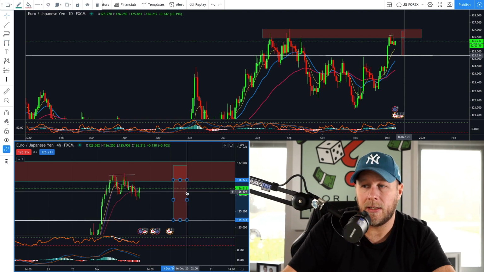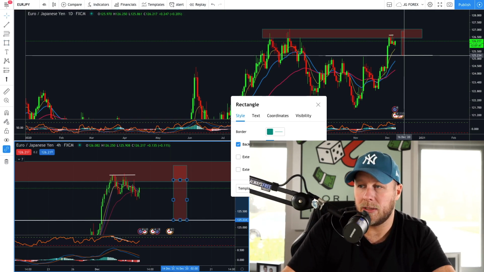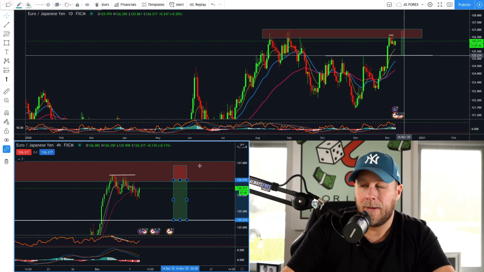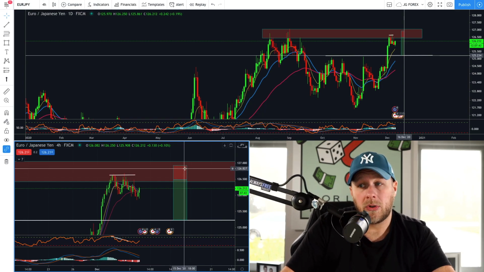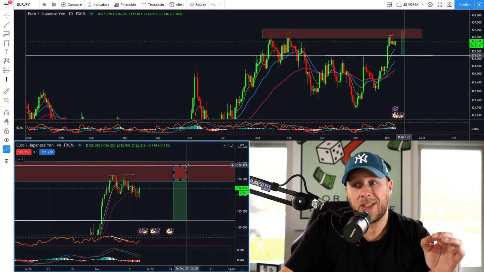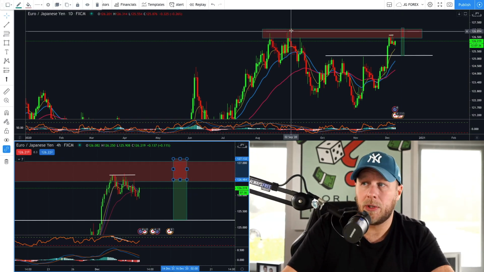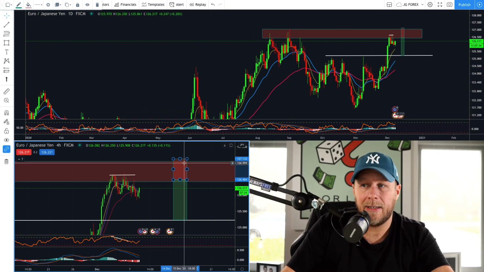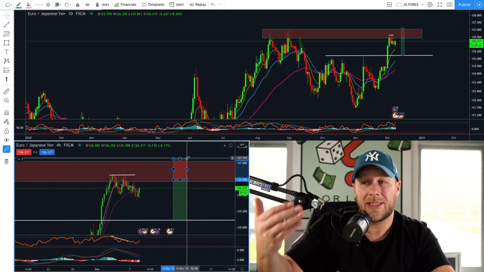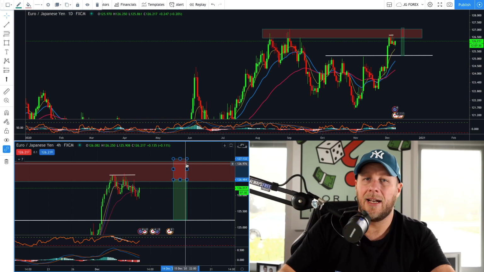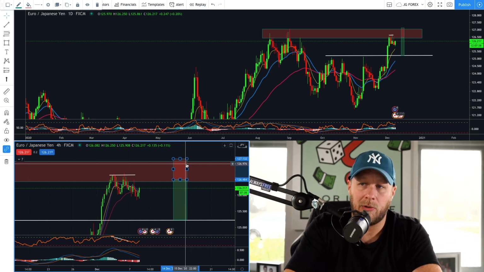So I'll just color this in green to make it nice and clear. And if this is my reward to risk profile, what I might do is just get my stops above the previous major structure high, which will get us above this high on the daily, few pips above that high, and you're still getting a good reward to risk. And as long as you're not out under your maximum allowable risk limit, then this is a really nice setup.